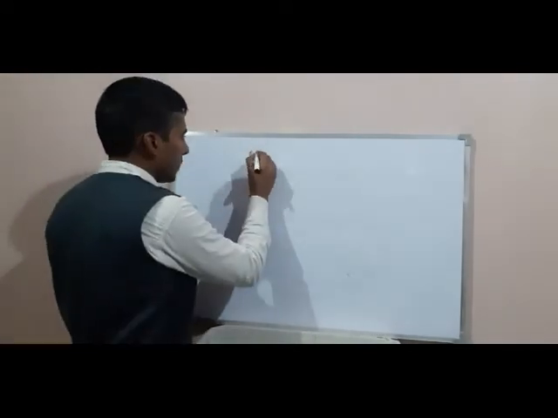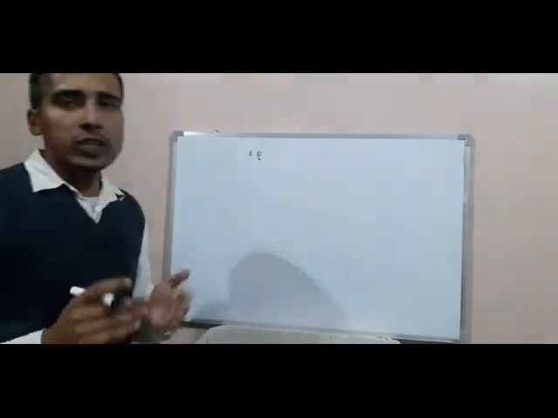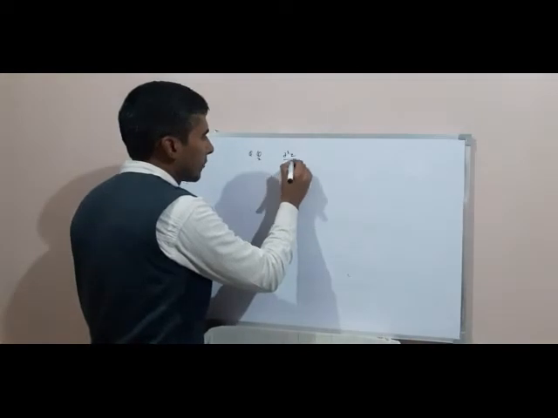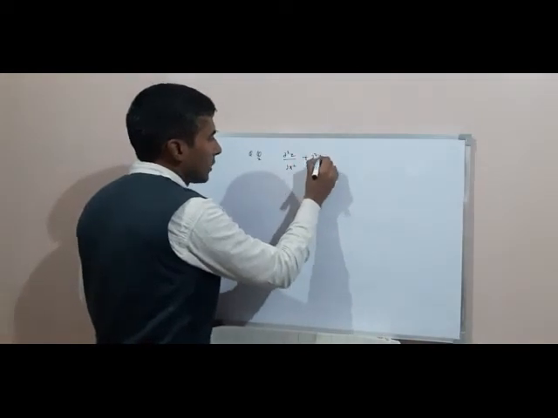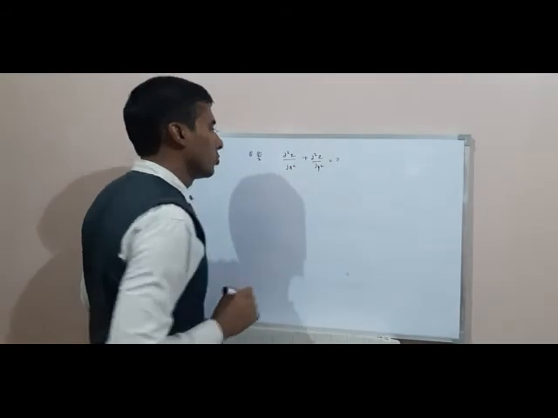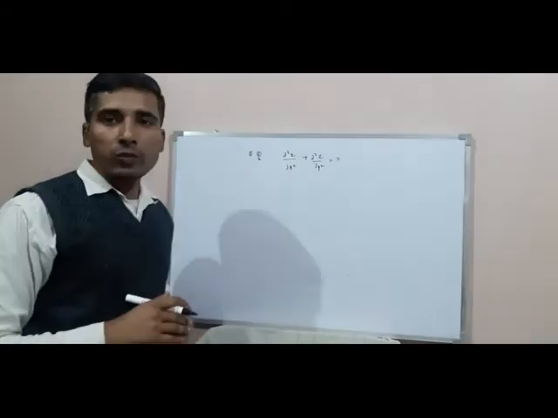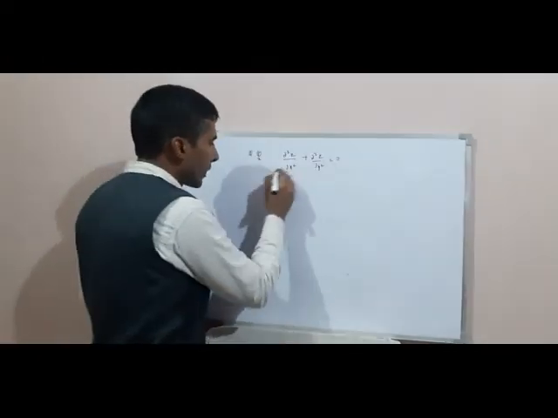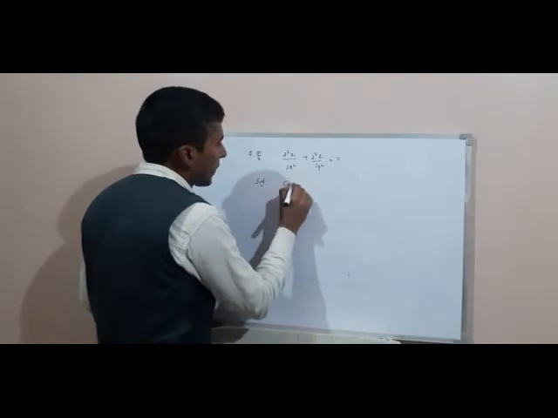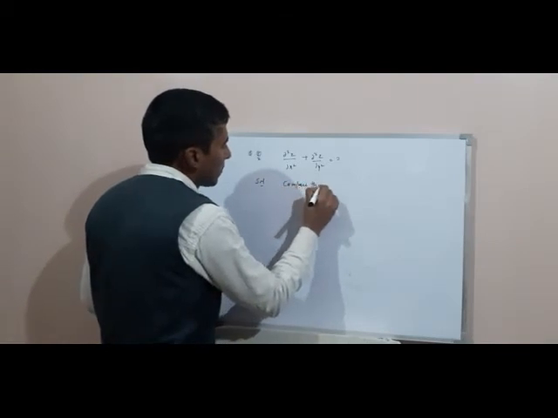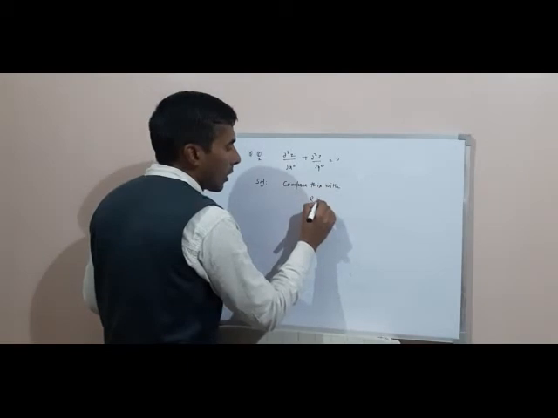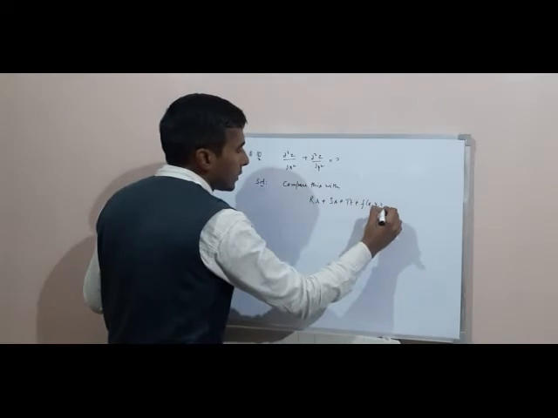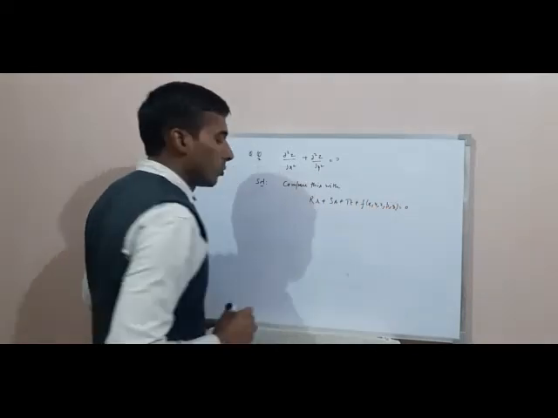First we try to understand the concept of the classification of partial differential equations. We consider an example: ∂²z/∂x² + ∂²z/∂y² = 0. Now we have to classify this equation, whether it is parabolic, hyperbolic or elliptic. Compare this equation with Rr + Ss + Tt + f(x,y,z,p,q) = 0.